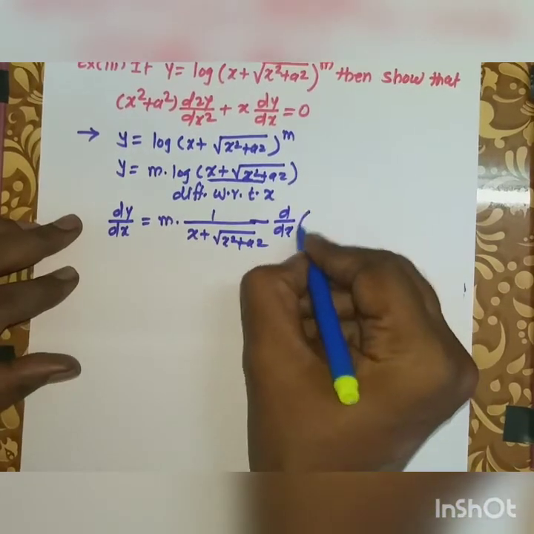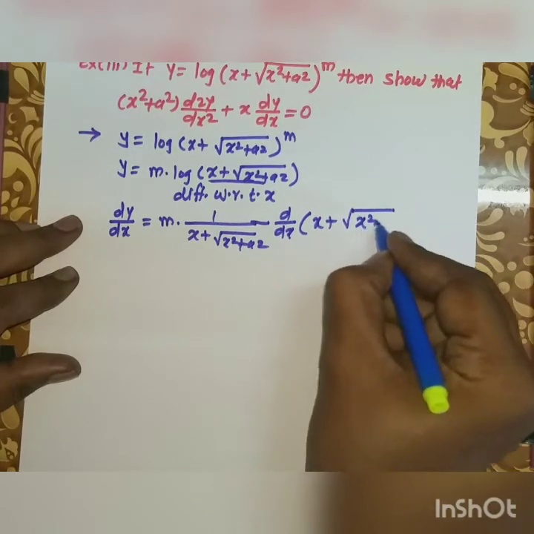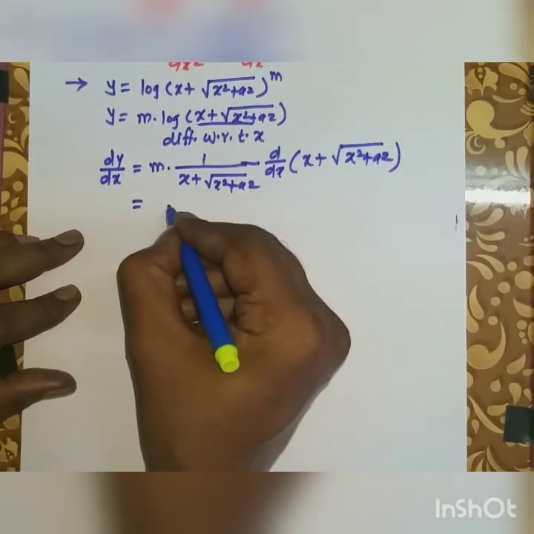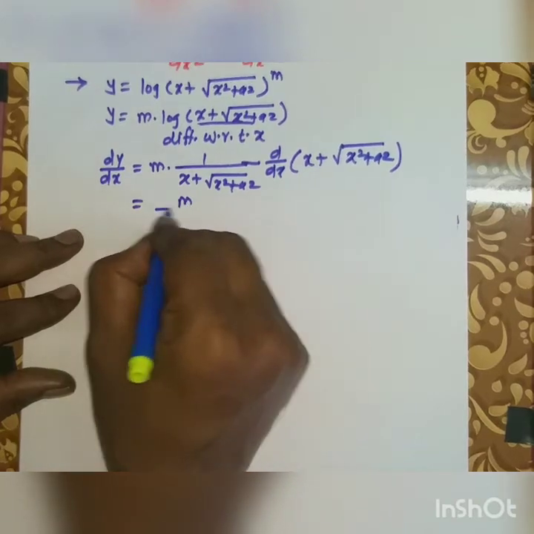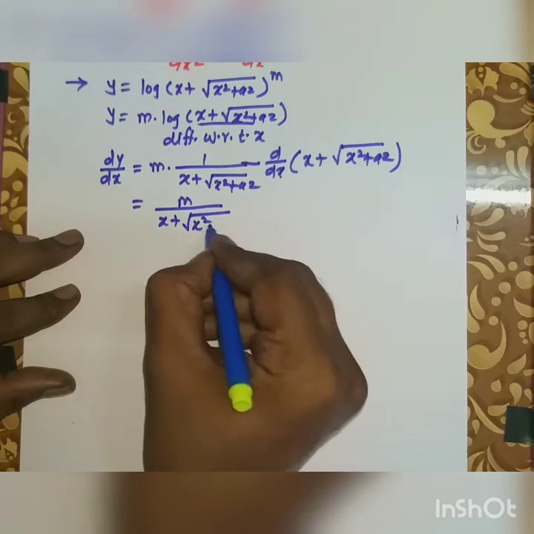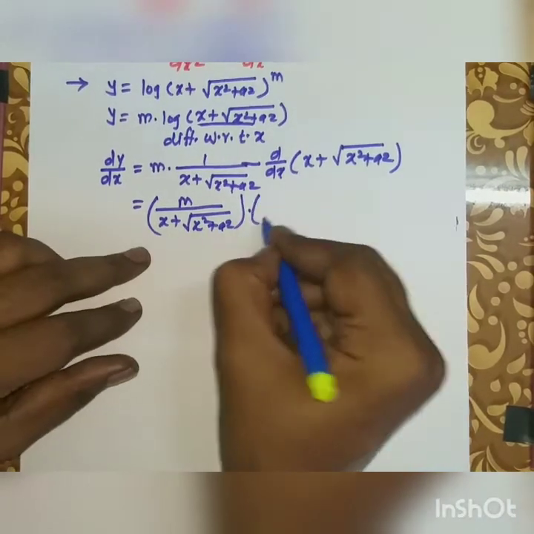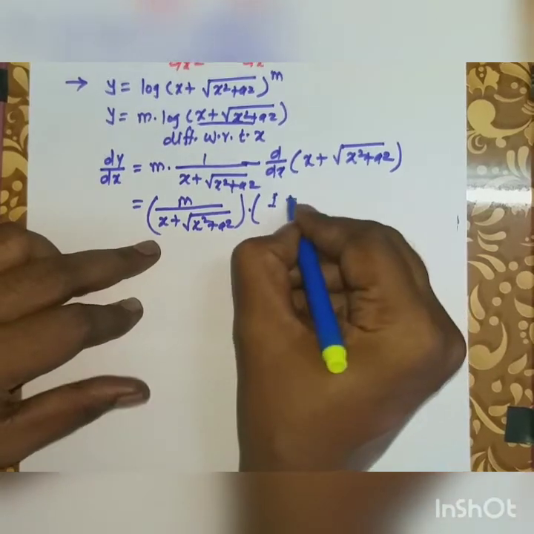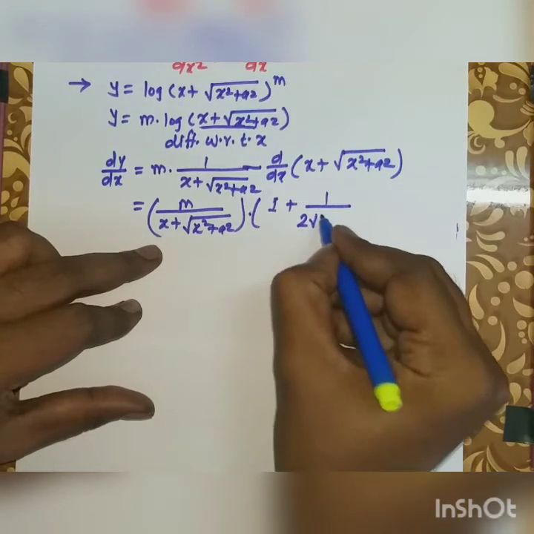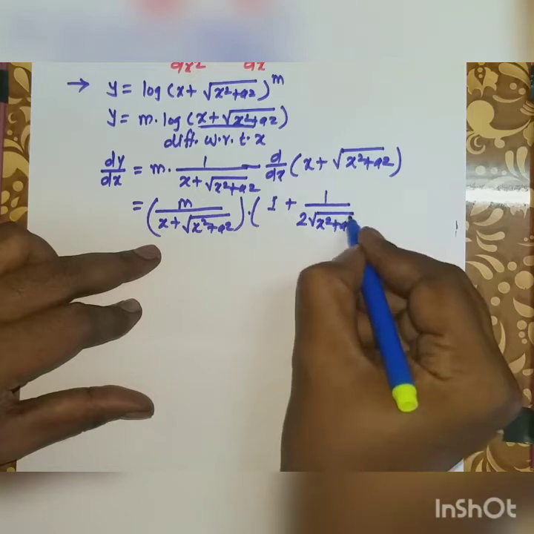Then take its derivative again: m divided by x plus under root x square plus a square into its derivative, which is the derivative of x, 1, plus the derivative of the root, 1 by 2 root of x square plus a square.